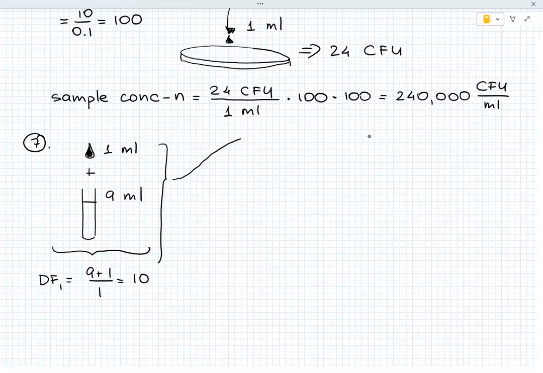Then you take a certain amount of that first dilution, right? What is that amount that you take? 0.1 milliliter, very good. You take it and you add to another vial, right? That contains how much water? So what is the dilution factor then?